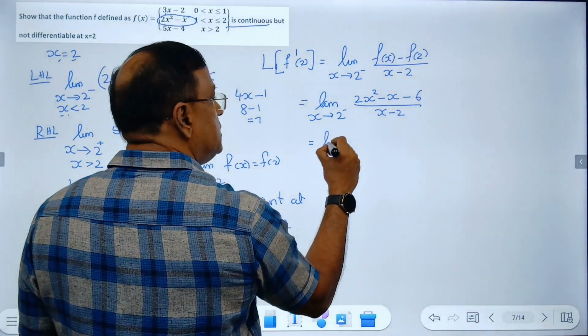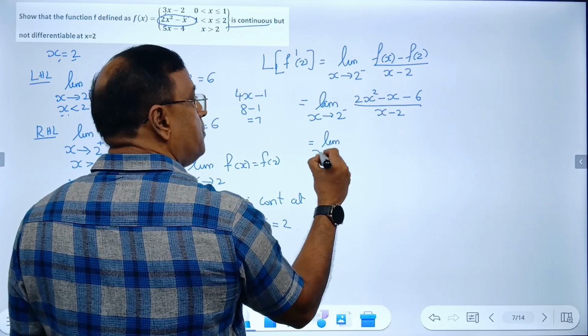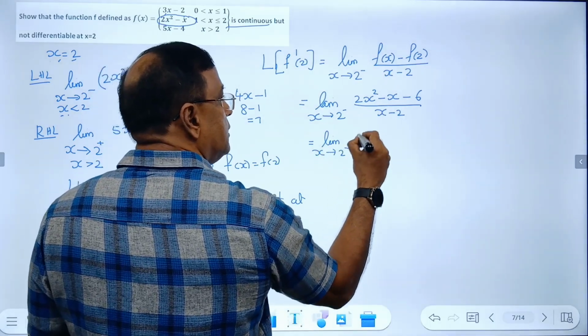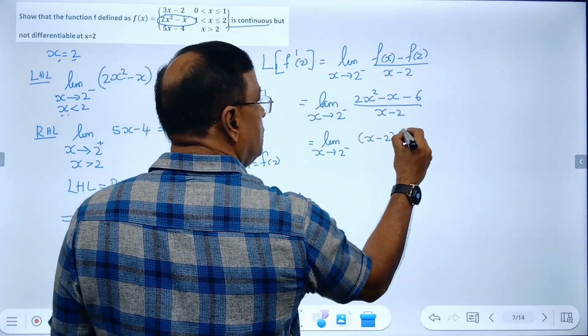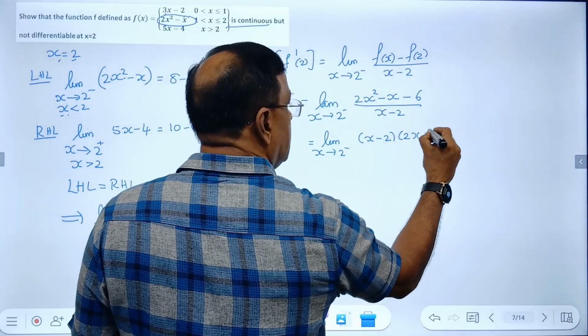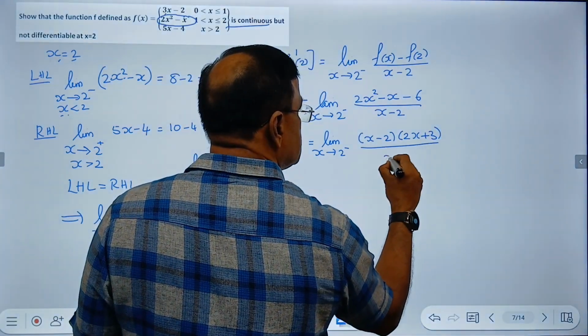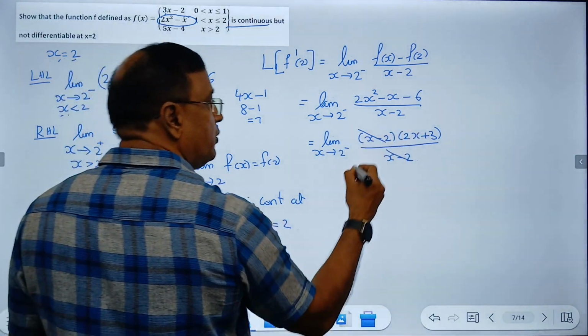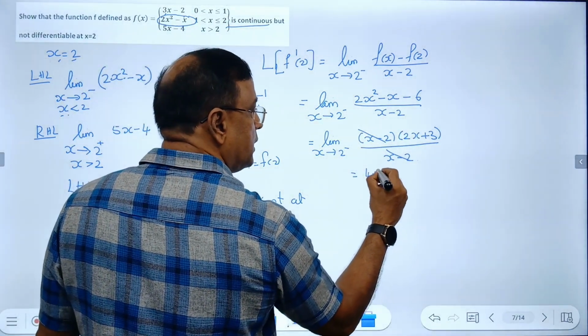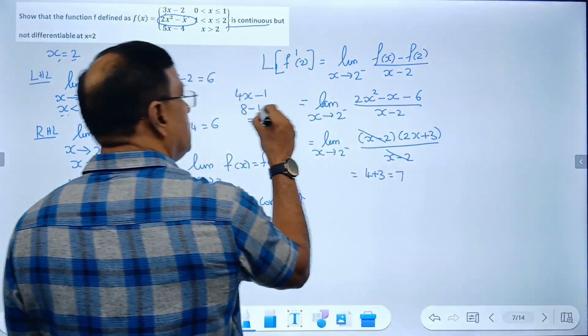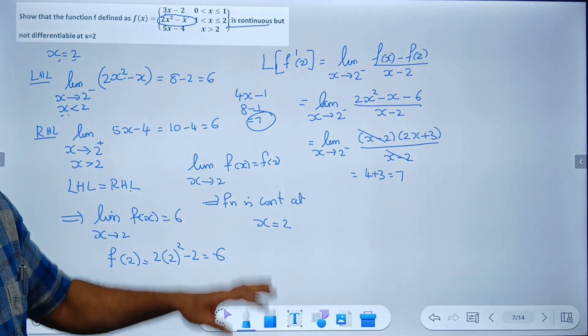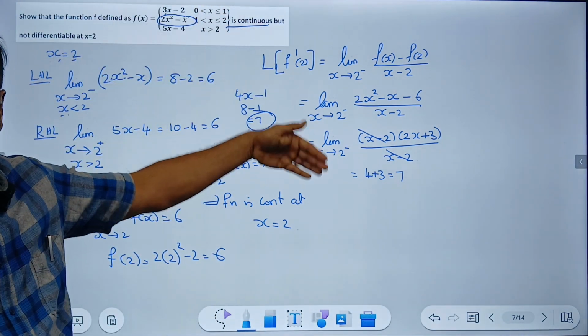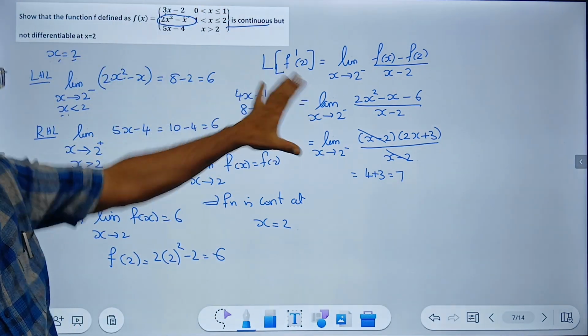So this is limit x approaches 2 minus, this is x minus 2 into 2x plus 3. Quadratic equation. They get cancelled. Now put x is 2, what do you get? 4 plus 3, which is 7. See, I got that. 4 plus 3 is 7. This is a shortcut, this is a procedure. Always we should know the procedure properly.